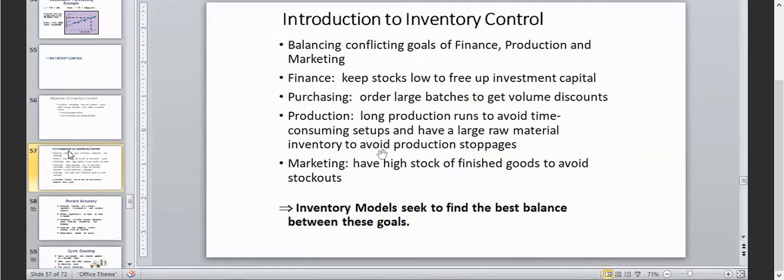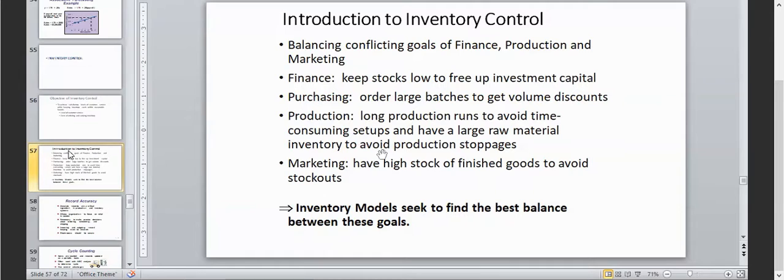So the other functions might not understand well the requirement of inventory to support the production process or organization goal. So this will be one of the conflicts that might affect the performance of managing inventory.